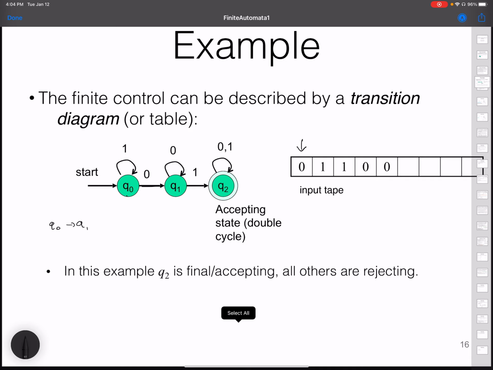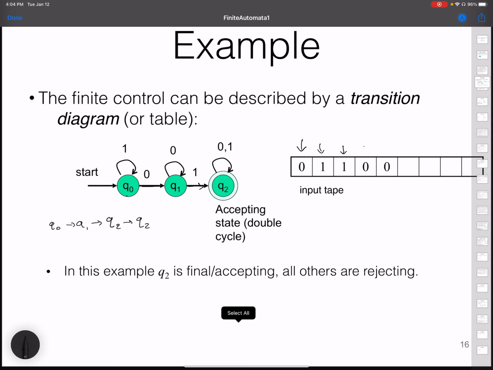Then you read the next symbol, which is 1. You are at Q1, and the transition tells you to go to Q2. Now you are at Q2 and the next input symbol is 1. The transition tells you to stay at Q2.